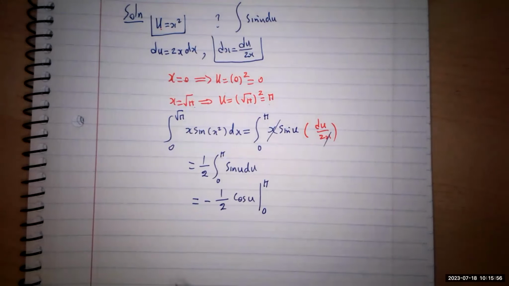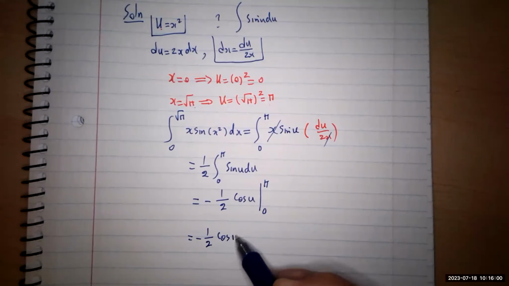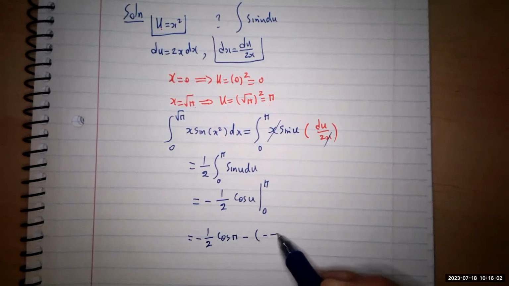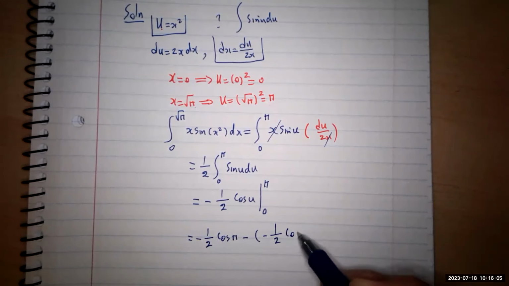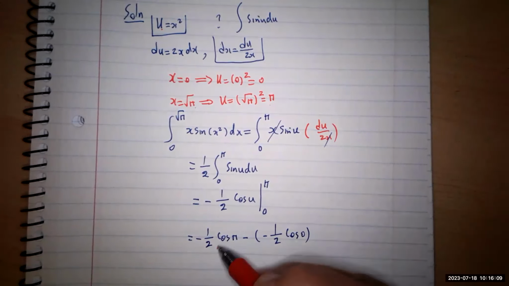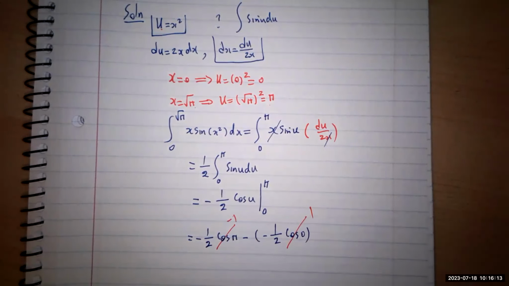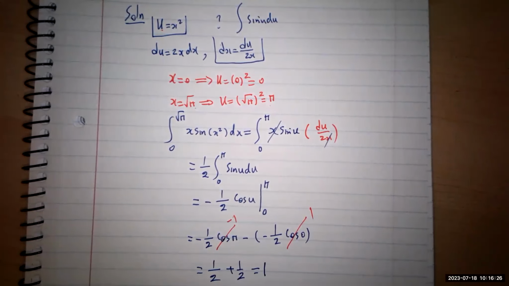So simply substitute: negative 1/2 cosine of pi minus negative 1/2 cosine of 0. Cosine of pi is negative 1. Cosine of 0 is 1. So negative times negative gives you 1/2, and negative times positive gives you another 1/2. 1/2 and 1/2 is equal to 1.